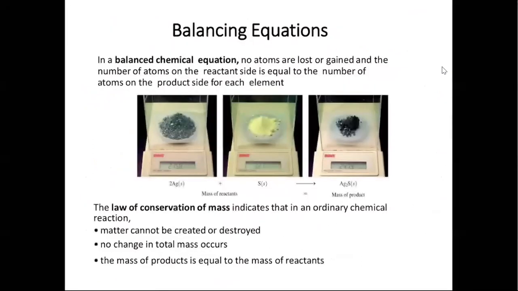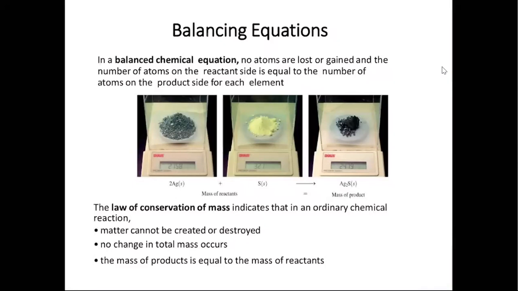The reason is that with those digits, we are going to have a balanced chemical equation. So in a balanced chemical equation, no atoms are going to be lost or gained, and the number of atoms in the reactants are going to be equal to the number of atoms in the product side of the reaction.